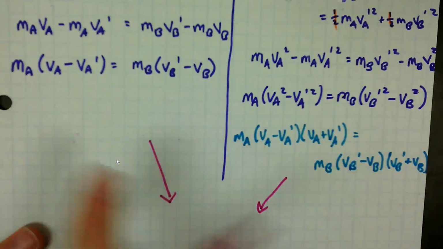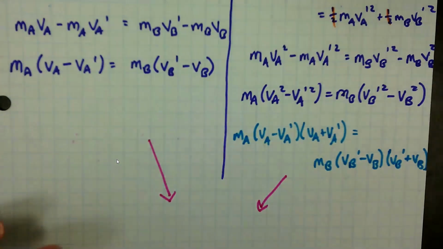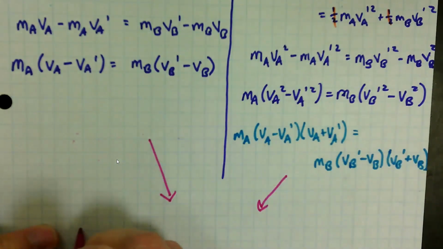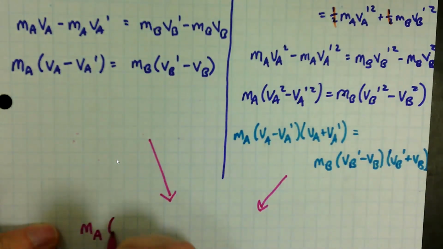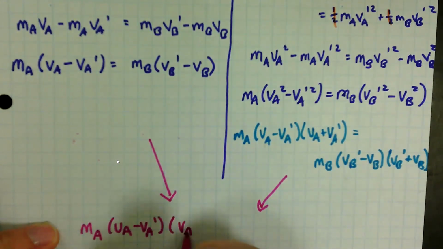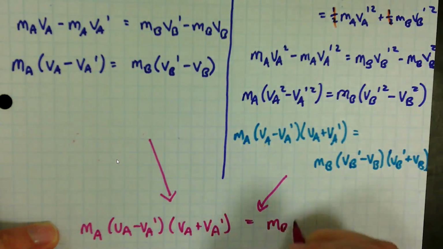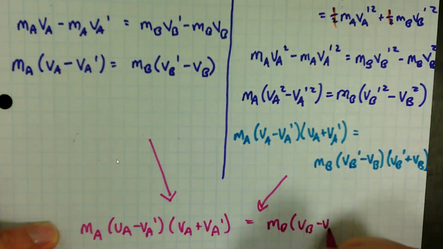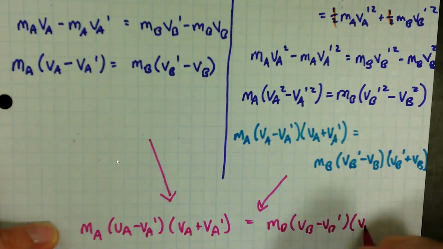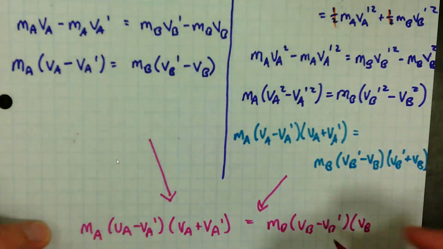What if I took this equation and I divided it by that equation? Let's watch what happens. I'm going to write this equation out first. MA VA minus VA prime times VA plus VA prime equals MB VB minus VB prime... sorry, I got my prime messed up.